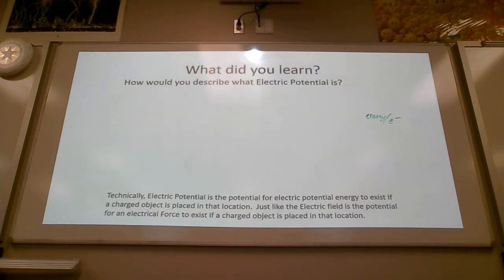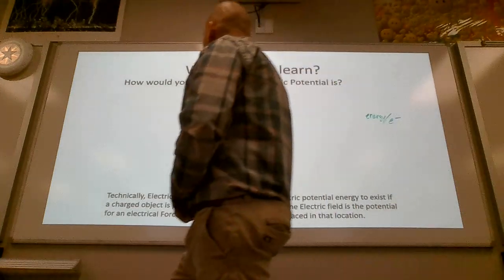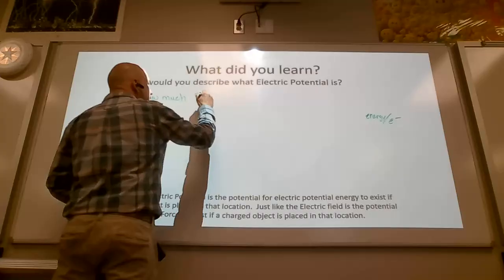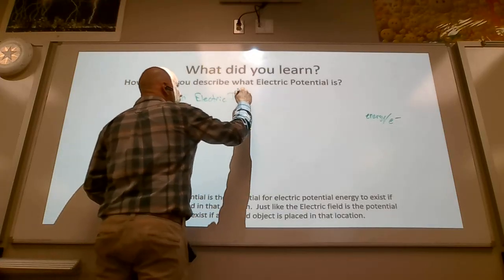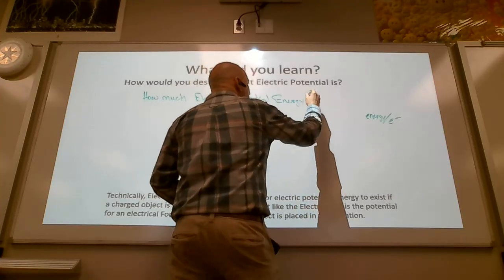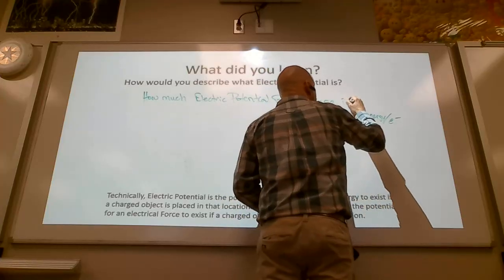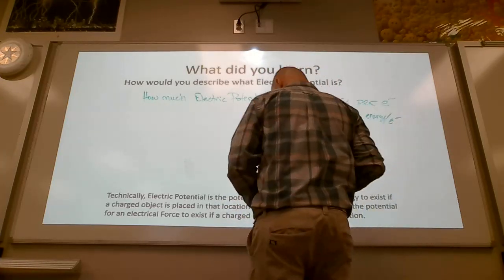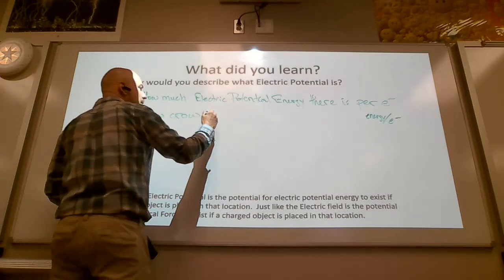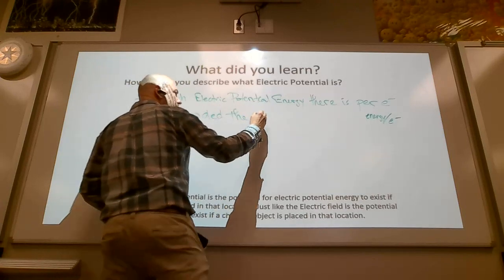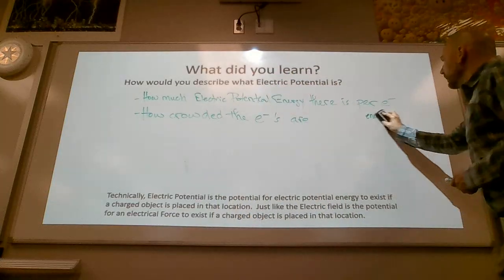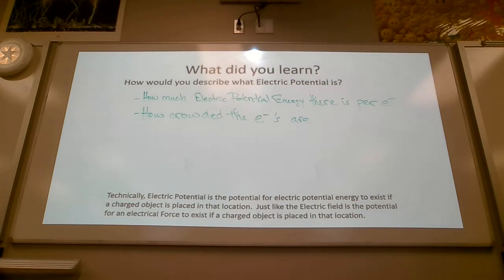So electric potential is how much electric potential energy there is per electron. How crowded, and that's determined by how crowded the electrons are. Good with that?